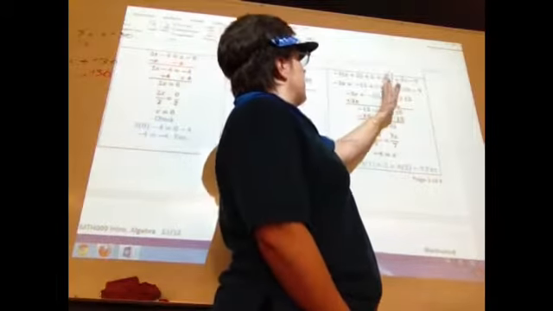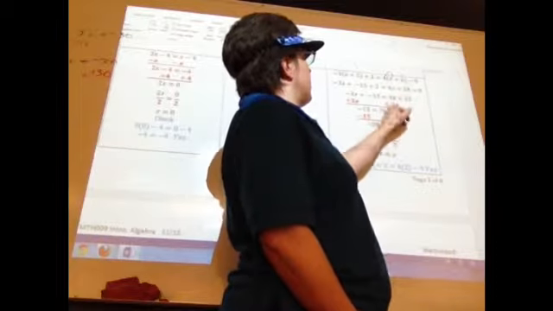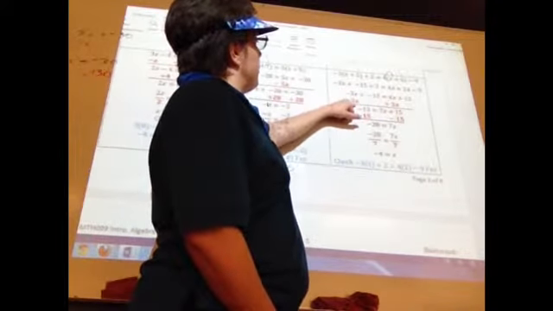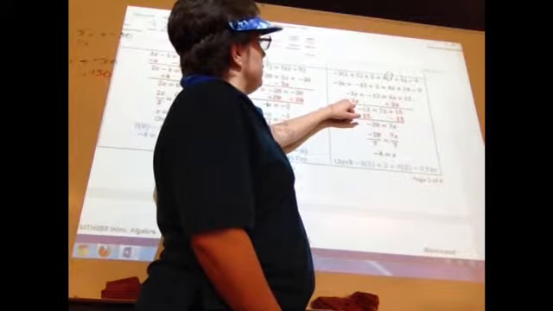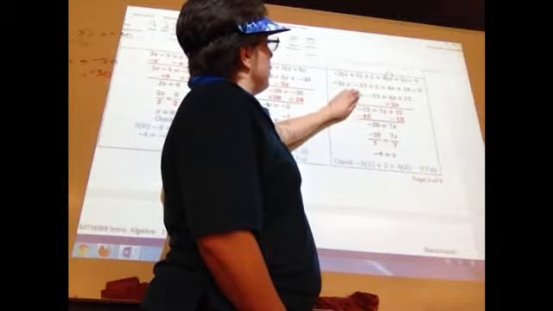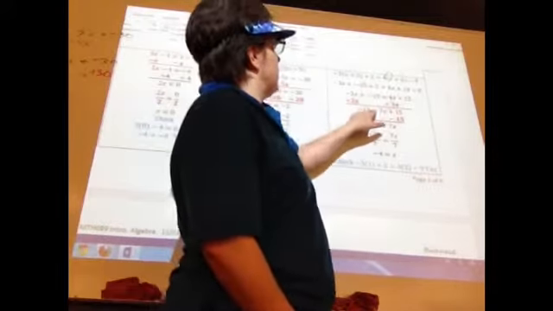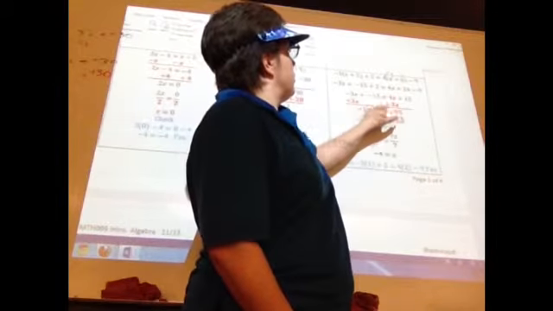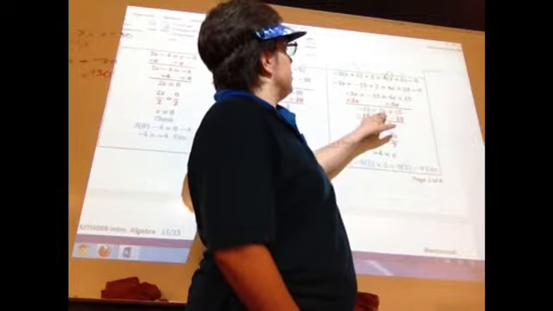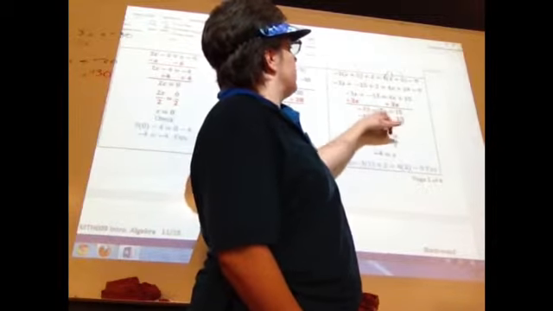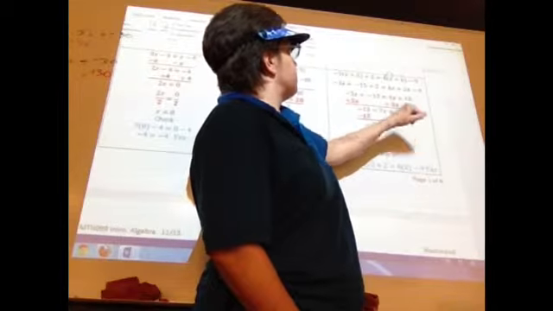I'm going to do the same thing to both sides with the equal sign, so add positive 3x over here. Negative 3x plus positive 3x is 0 x's. 0 plus negative 13, so I just have negative 13 equals 4x plus 3x is 7x, plus I have 15. So negative 13 equals 7x plus 15.